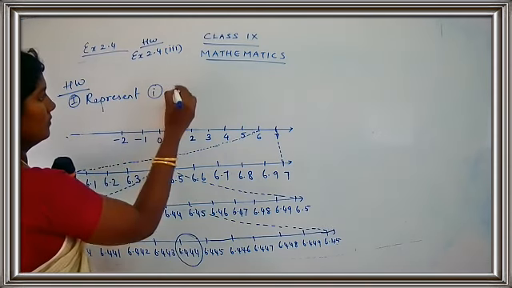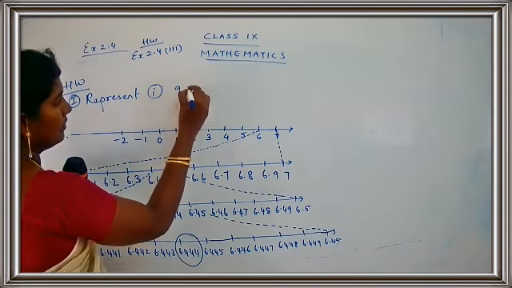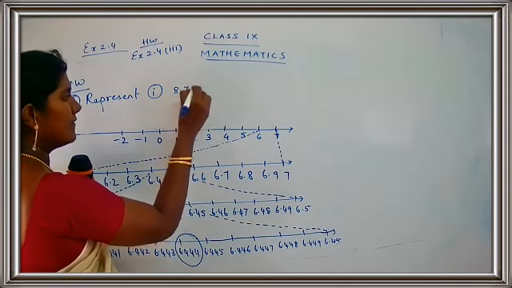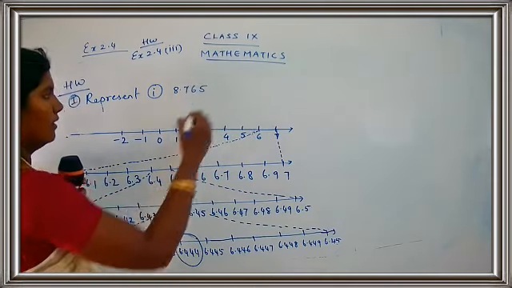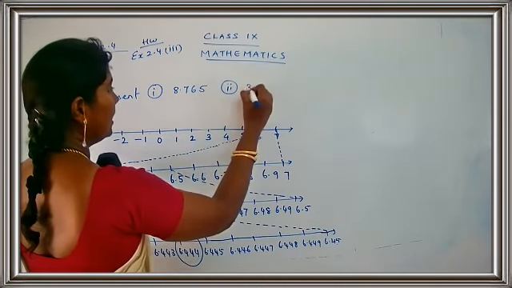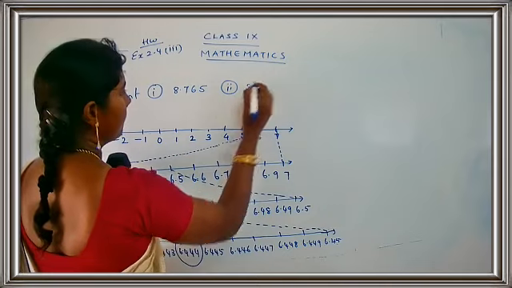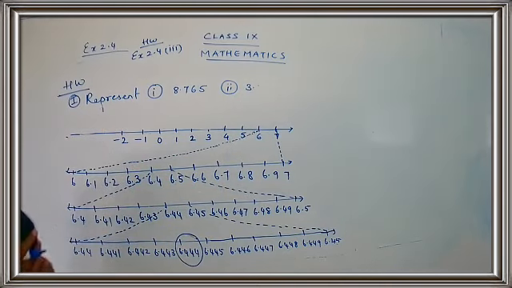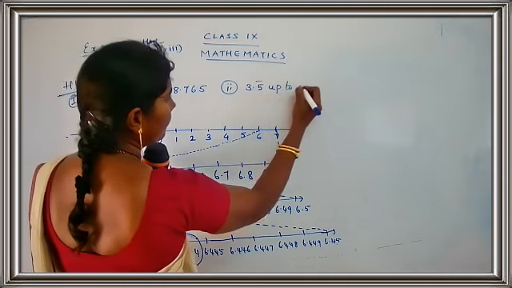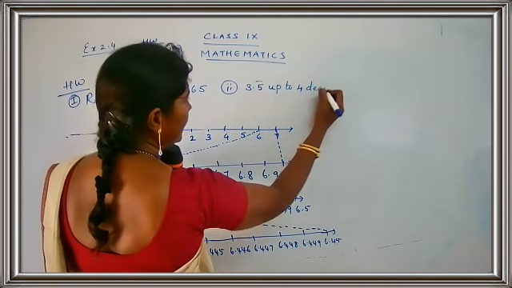First one, 9.3. I'll not give 9.3. Go on. Okay, 8.765 and 2. 3.5 bar up to 4 decimal places.